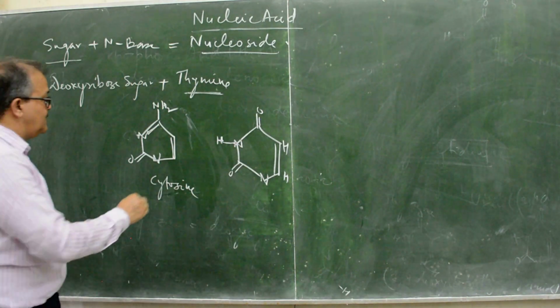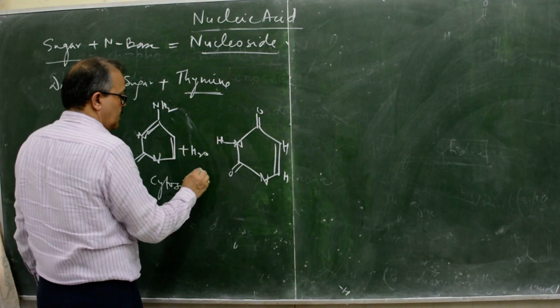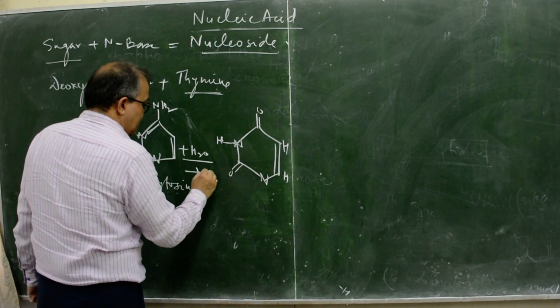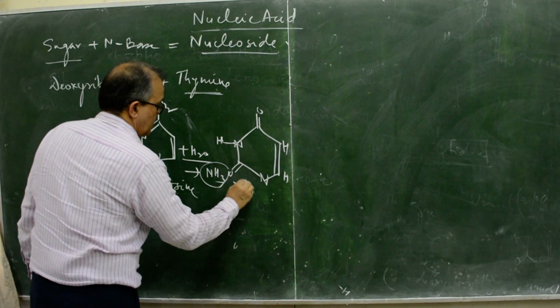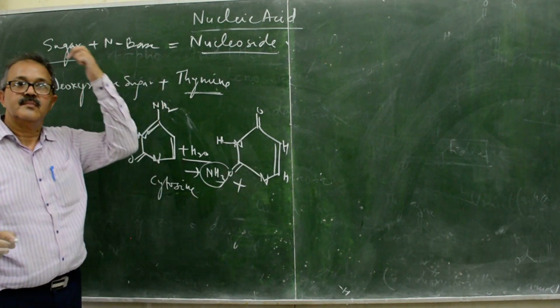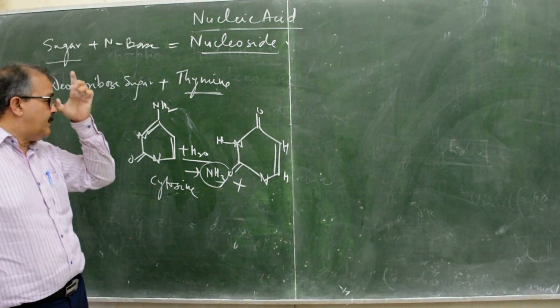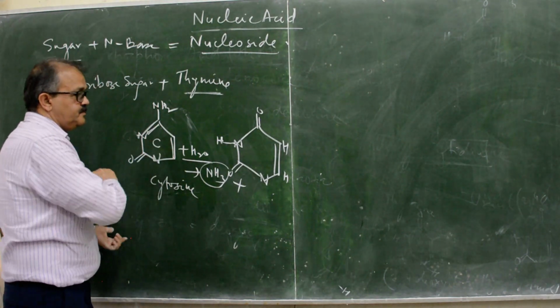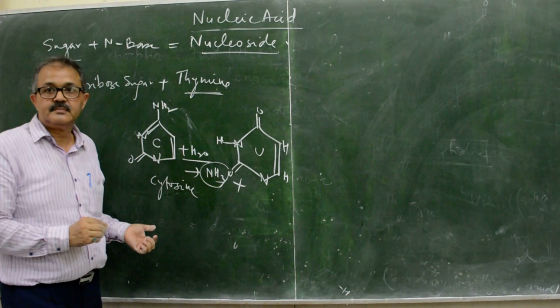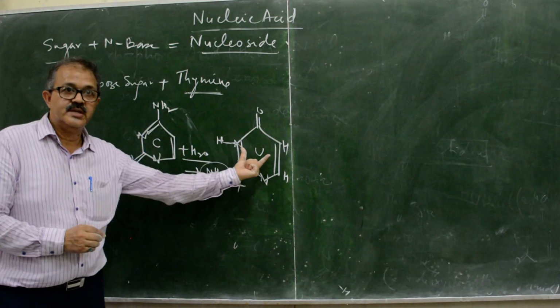What happens in the presence of H2O? It removes the amino group as NH3, leaving uracil. This is a common type of mutation in biology. This is cytosine, this is uracil.